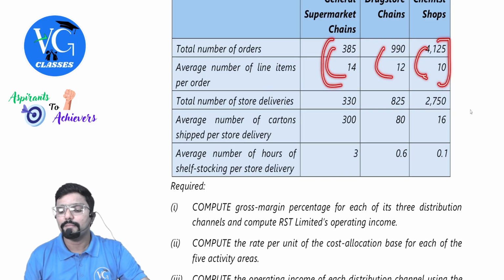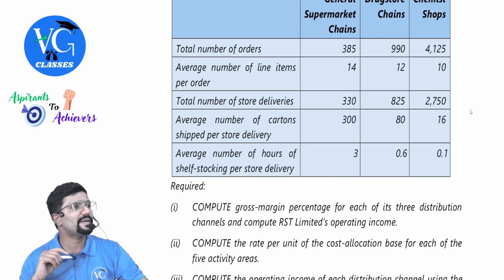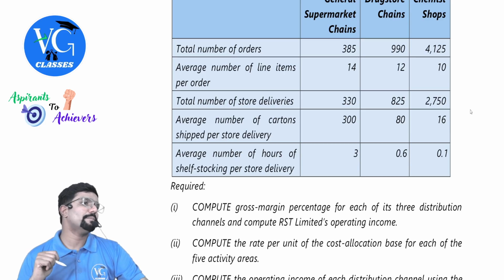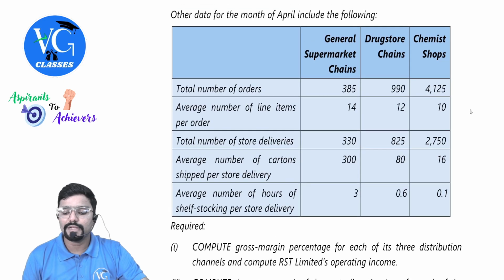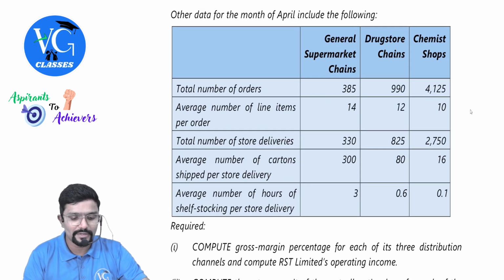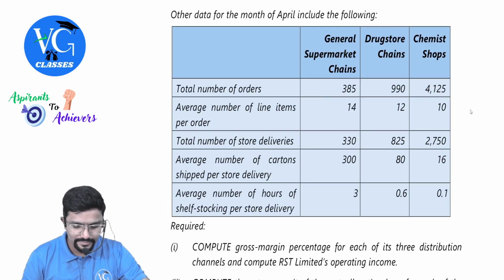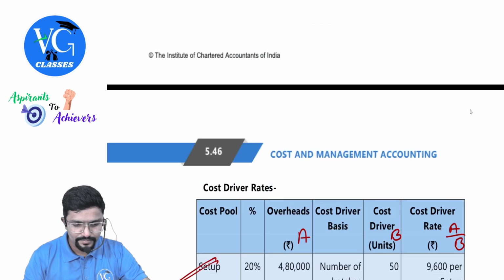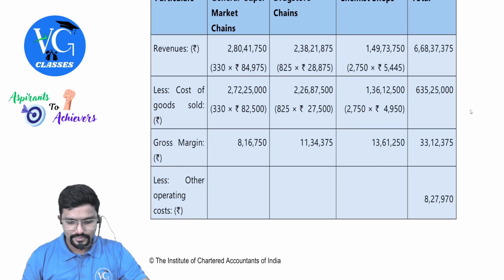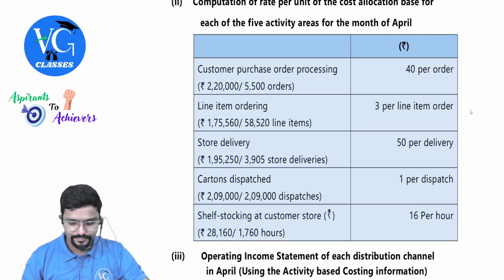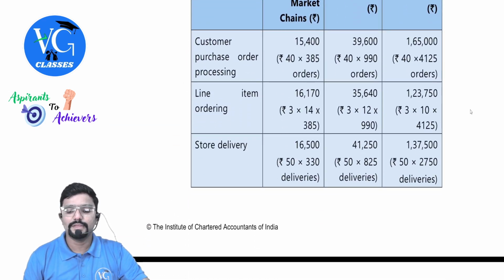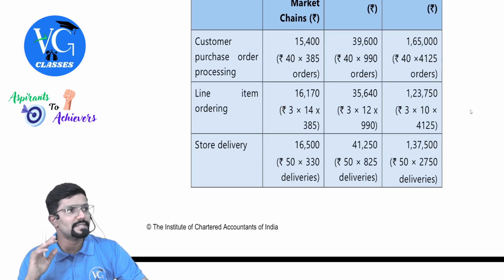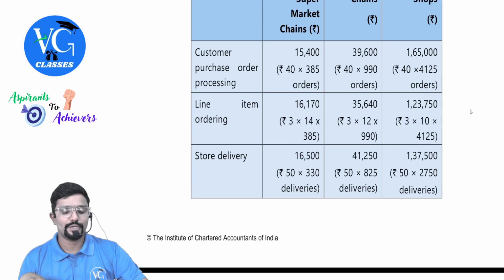Whatever you get here, multiply that with the respective activity rate per line item. So for supermarket, it would be 385 into 14 into, what is the rate we have got there? Yeah, 3 rupees. Is that clear? Same way you have to do for the other two, guys.